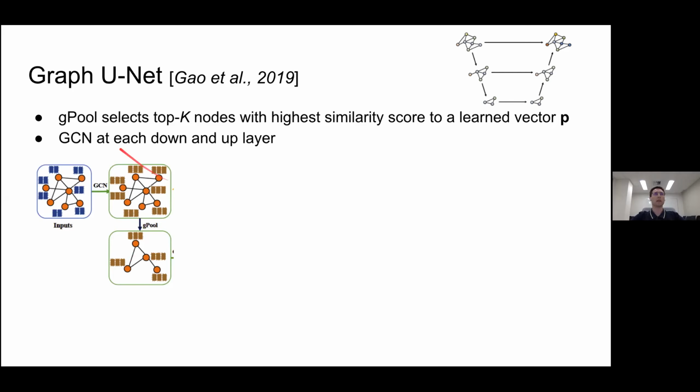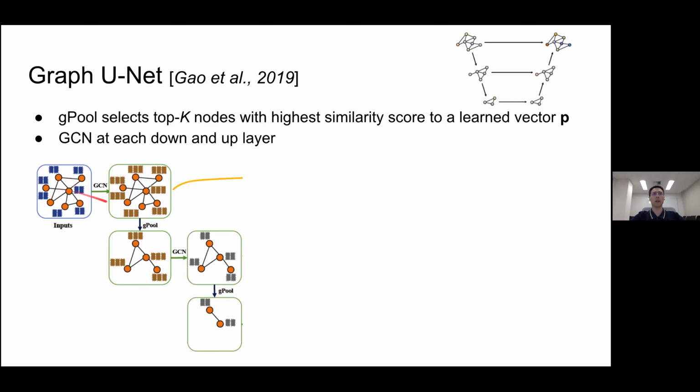So Graph U-Net uses gPool pooling, which is based on selecting the top k nodes from the original graph based on similarity score to a learned vector. So they are learning a vector p, and based on cosine similarity to this learned vector, those nodes that are most similar to it get pooled and create the next coarser representation of the graph. And at each level, one iteration of graph convolutional neural network message passing is done.